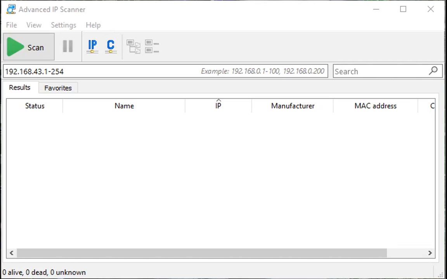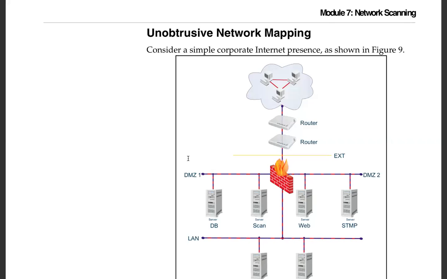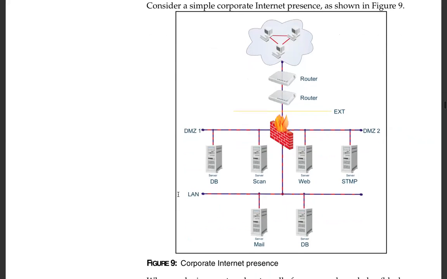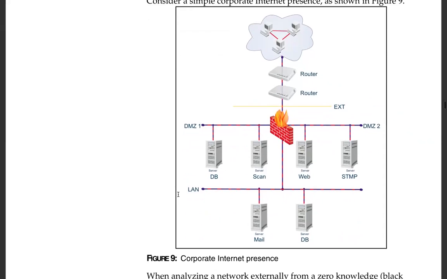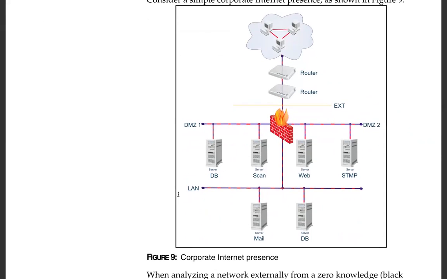I'll quickly show you a map of a network. This is a network. From this network, you can see down here, we have a local area network, which contains the mail server and the database server.